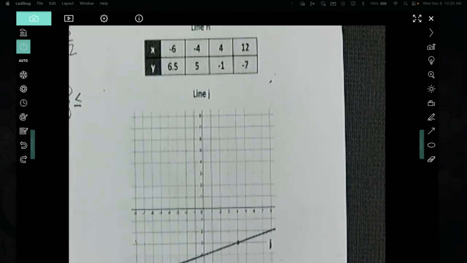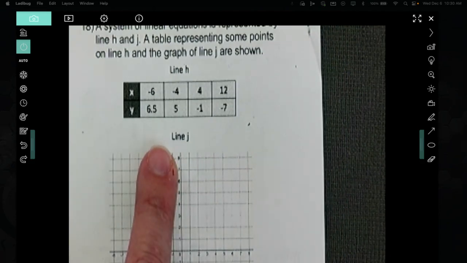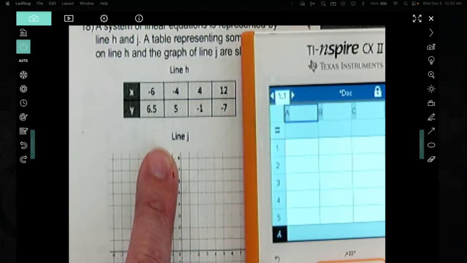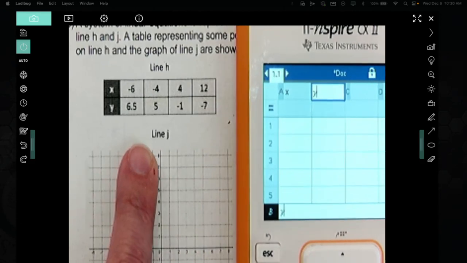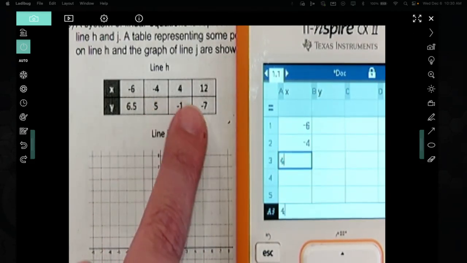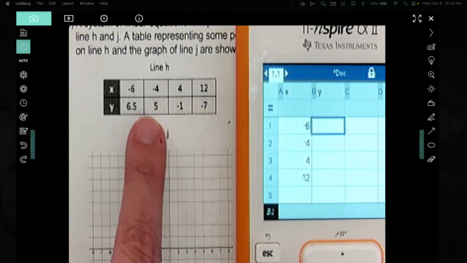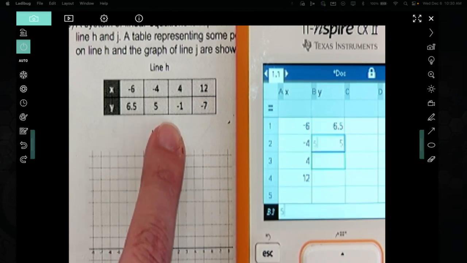All right, very last one. You have a table, you have a graph, you're just writing the system. You can use list and spreadsheets here. If you're using list and spreadsheets, please, please, please remember to put your X and your Y. Also, notice this table is going across. Make sure you put your X's in the right spot and your Y's in the right spot.